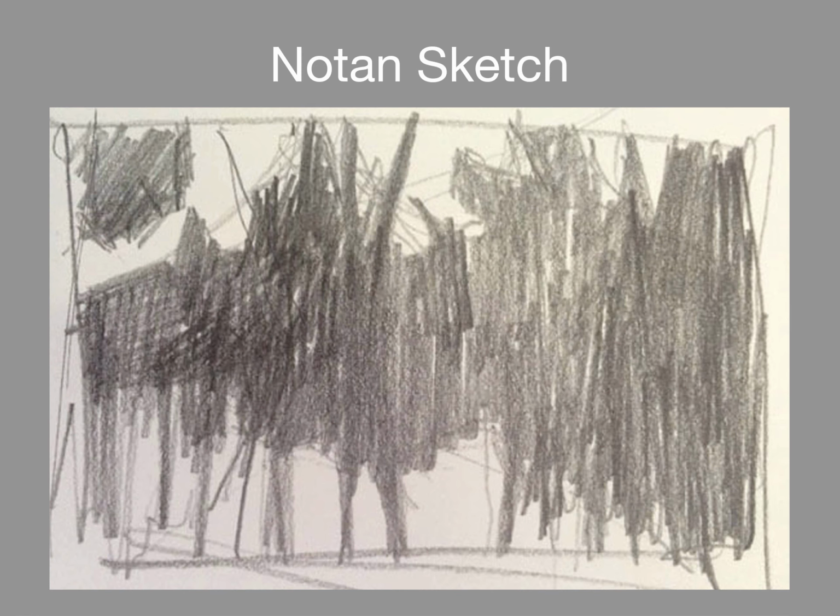So we're going to move from marker and pencil in the sketchbook to creating some Notans on either gesso paper or gesso canvas or whatever surface you want to work on that's not too precious. So we're going to work on that in just a second.